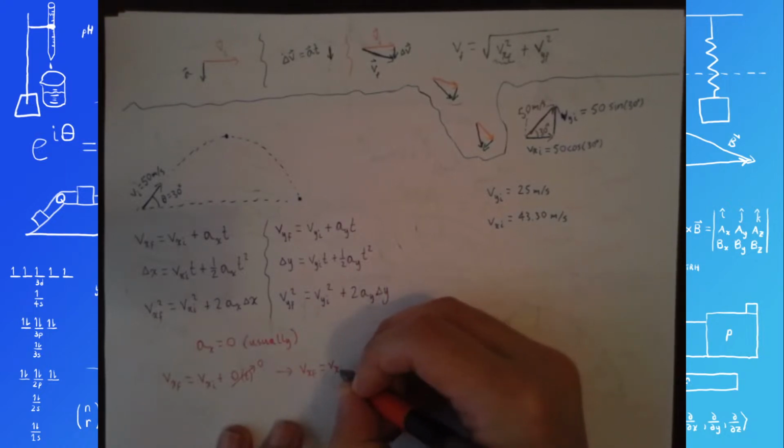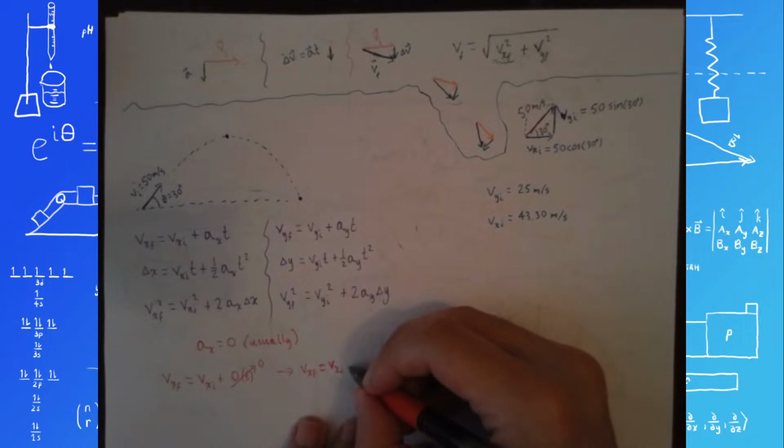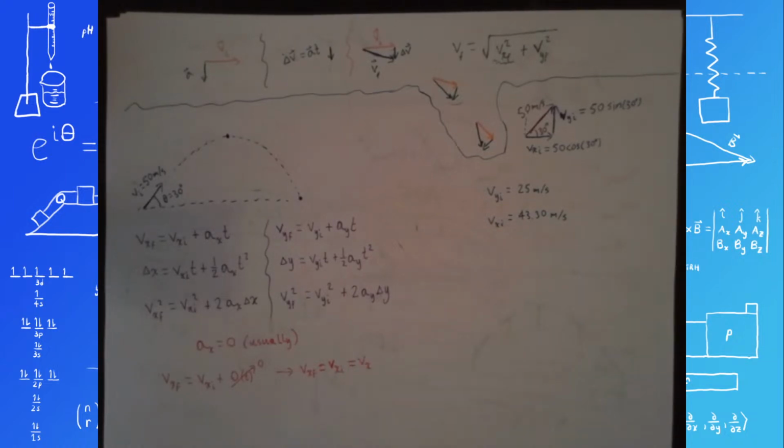So if they're going to be the same, if the x component of the velocity is constant, then we might as well just call it Vx without having to specify if it's initial or final or anything in between. So that's the first equation we can throw out.